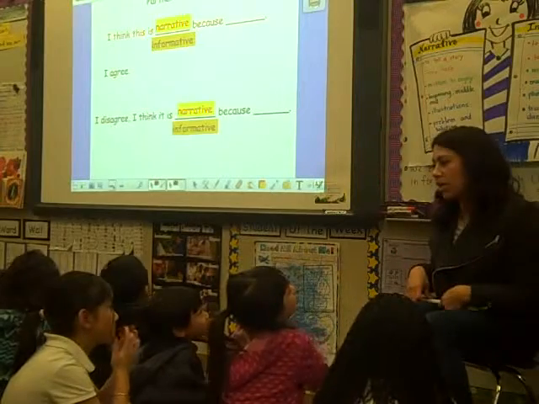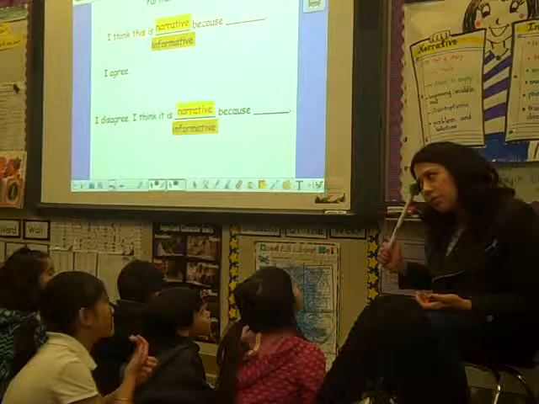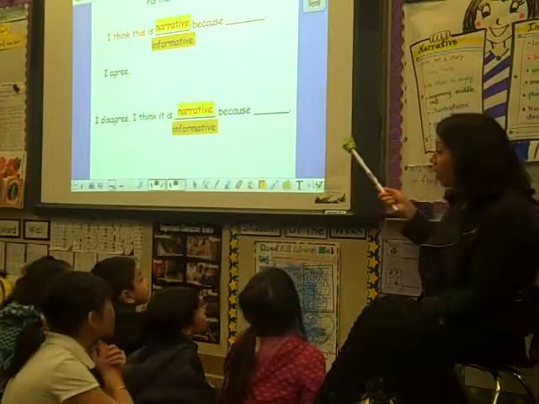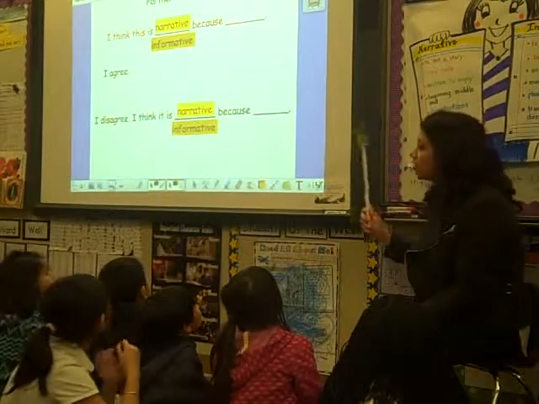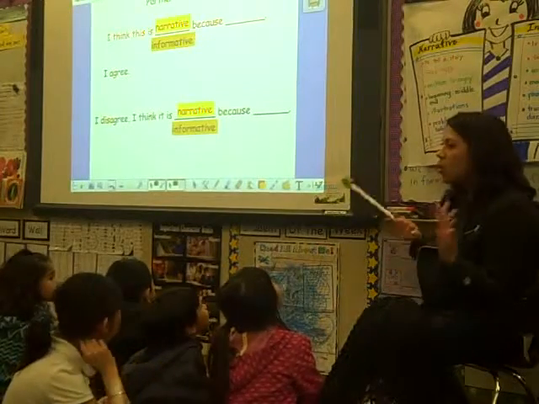At first, I heard some people being like, oh, this is narrative. And then they just needed a friendly reminder to use a sentence frame, and then they used the sentence frame. Now the part where they were having a little bit of trouble was saying the reason why. They knew it was narrative or they knew it was informative, but they couldn't remember why.